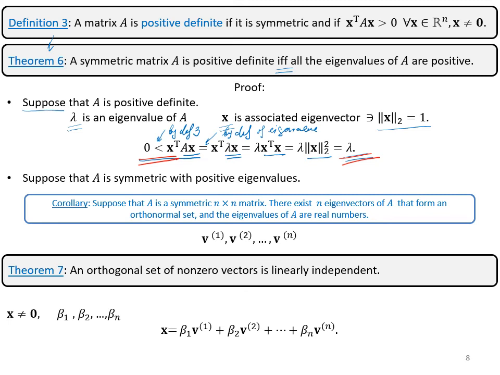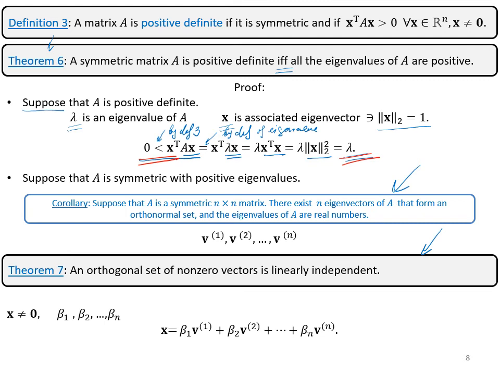In order to prove the second part, we should recall our corollary and the theorem from chapter 8, I believe, of your textbook.